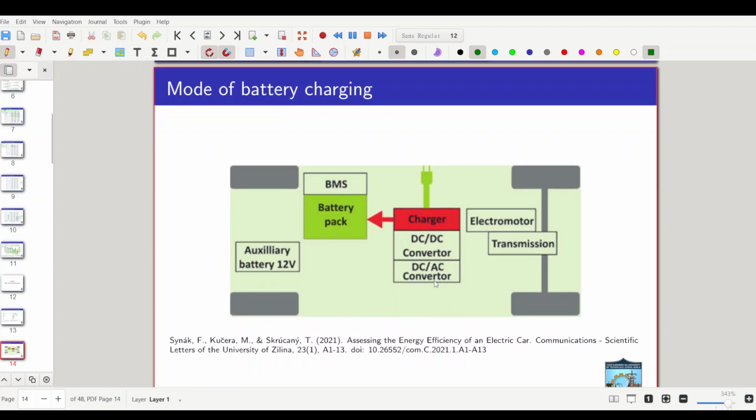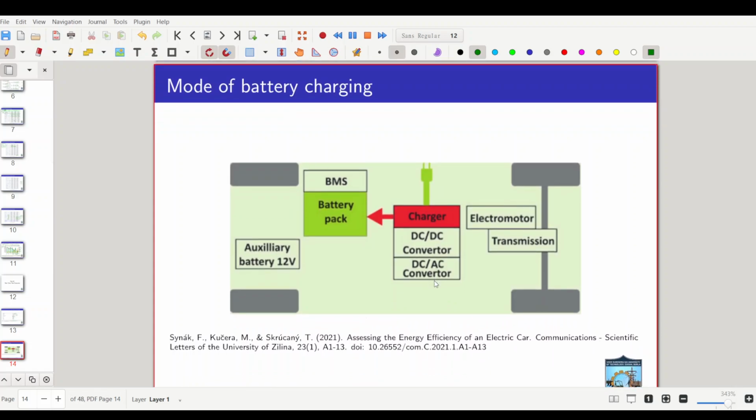In their testing, they tested 3 modes. For any electric vehicle, this is applicable. Generally any vehicle has one battery management system for battery pack management.